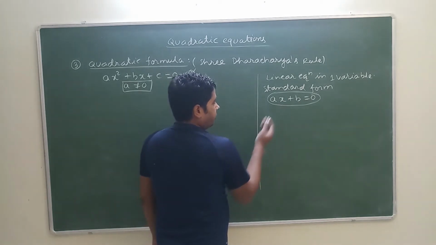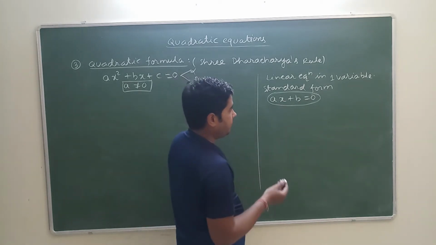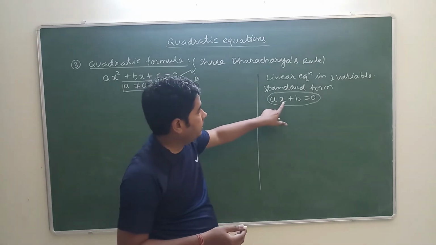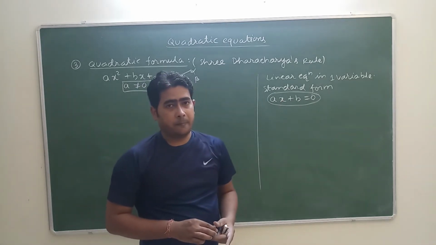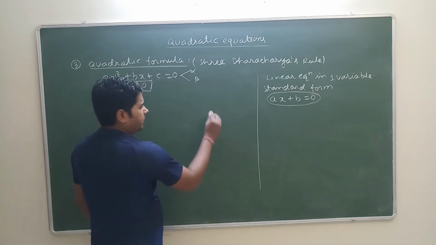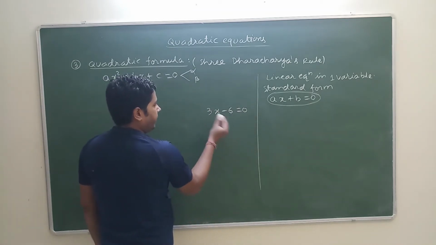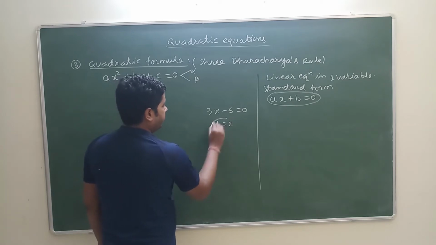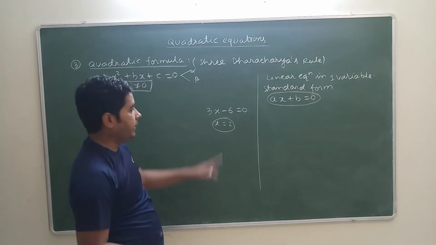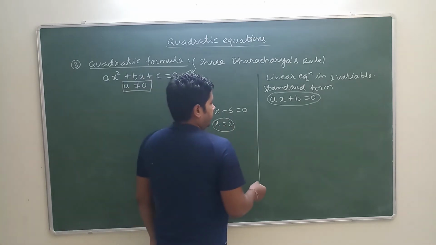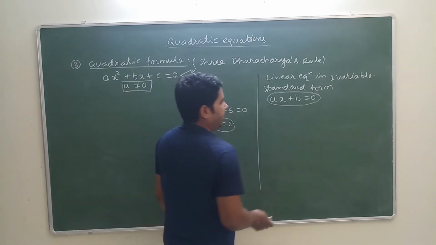Now what do you mean by solution? Solution means the value of the variable, which is x, that will satisfy the given equation. Suppose there is an equation 3x minus 6 is equal to 0. If you put x equal to 2, you will get left hand side and right hand side equal. So x equal to 2 is the solution of this equation. Suppose I don't have the values of a and b.